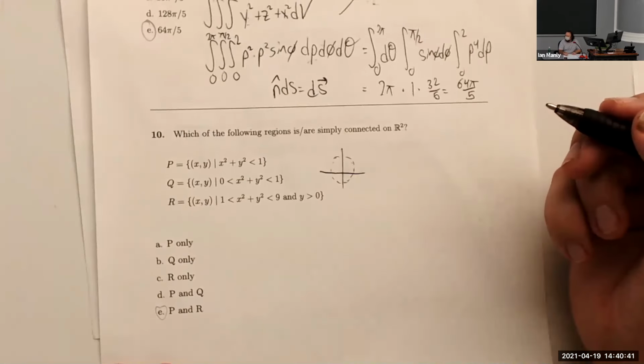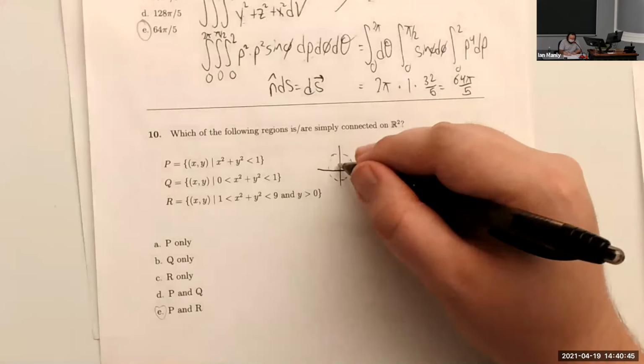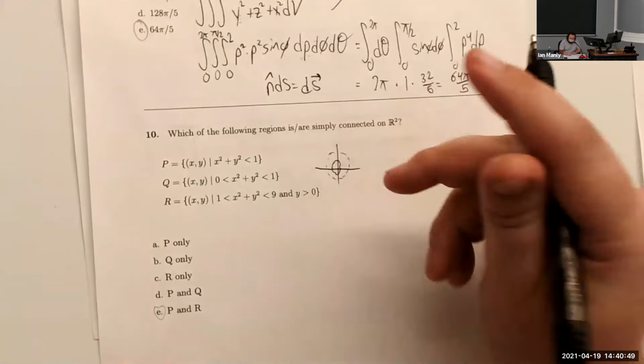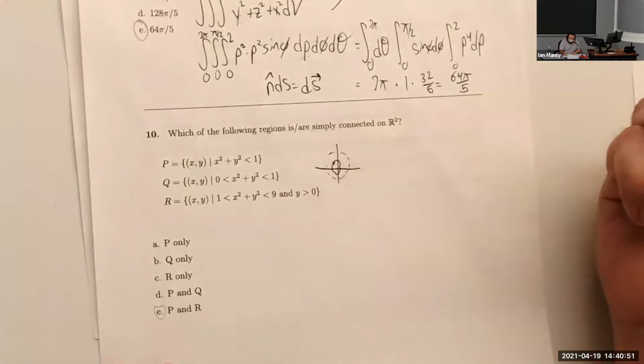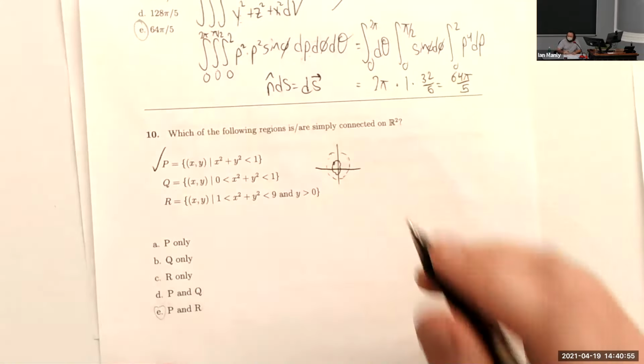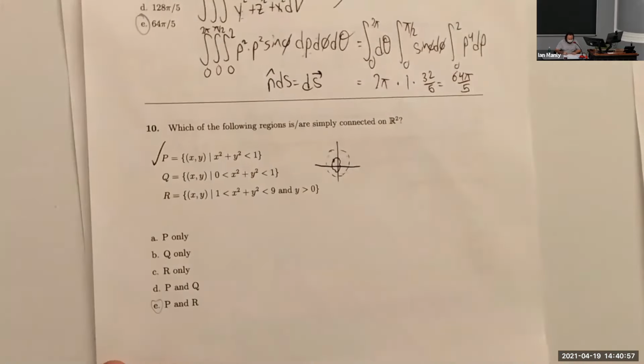Yeah, we could do that, because there's no holes in here. If I drew this kind of weird path and pulled this in towards the starting point, I wouldn't have to jump over any holes. So yes, this one is simply connected.